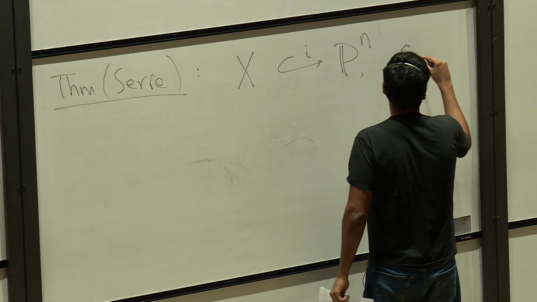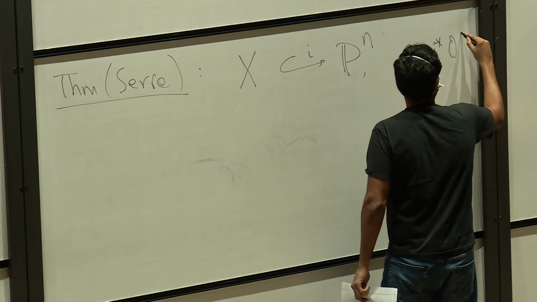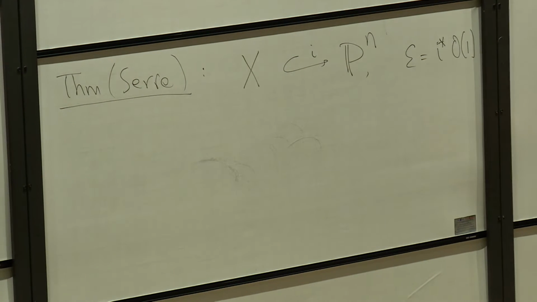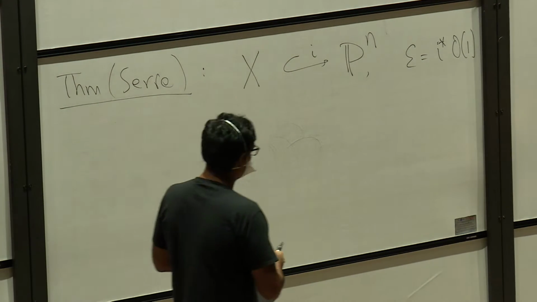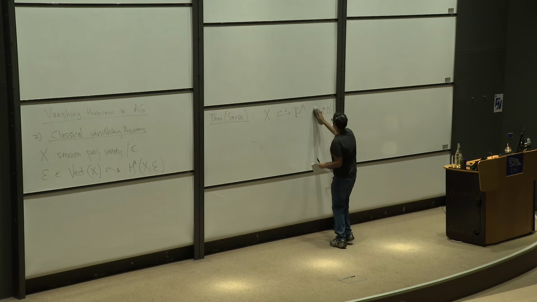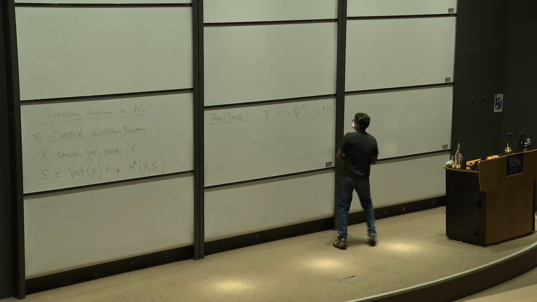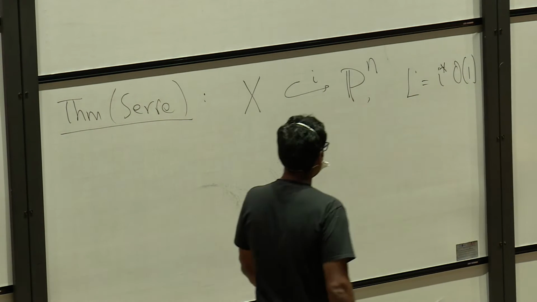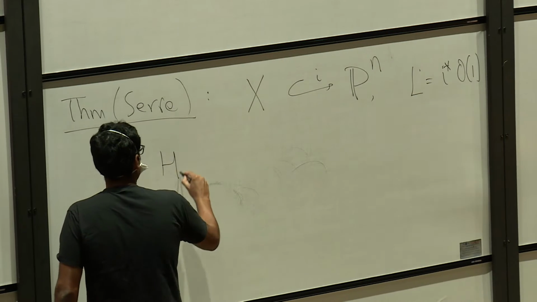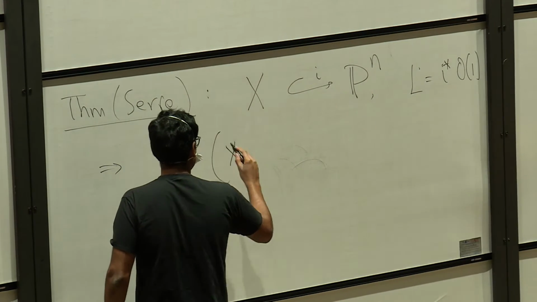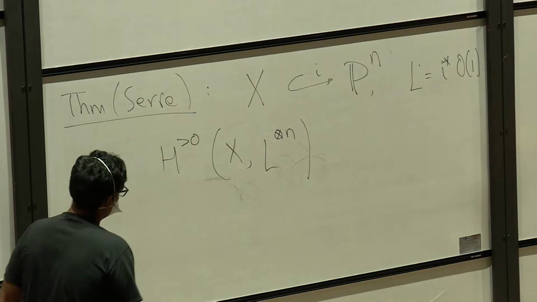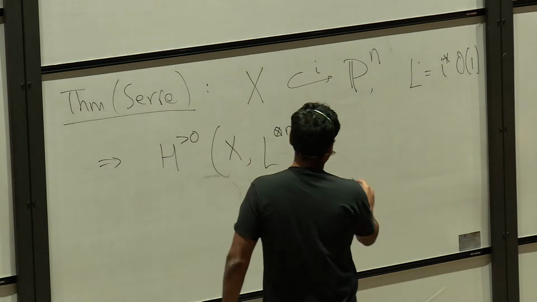And my vector bundle is the tautological bundle on projective space, O(1), restricted to X. And since it's actually a line bundle, let me call it L. So in this setup, Serre's theorem is the following statement. It says that the higher cohomology of X with coefficients in tensor powers of L, L tensor n, is going to be 0 if n is sufficiently large.